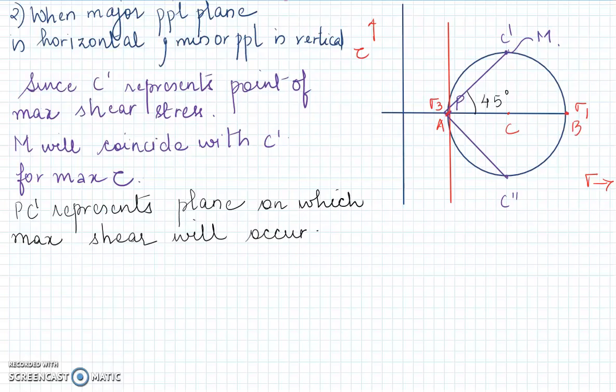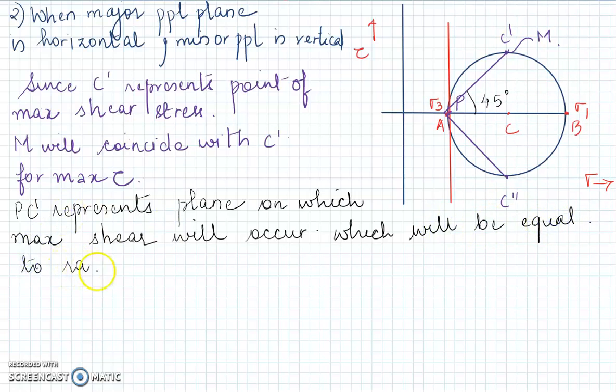Can you tell me what will be the value of this y coordinate at this point C? What will be the value? So maximum shear stress will occur, and that y coordinate will be equal to the radius of the circle.